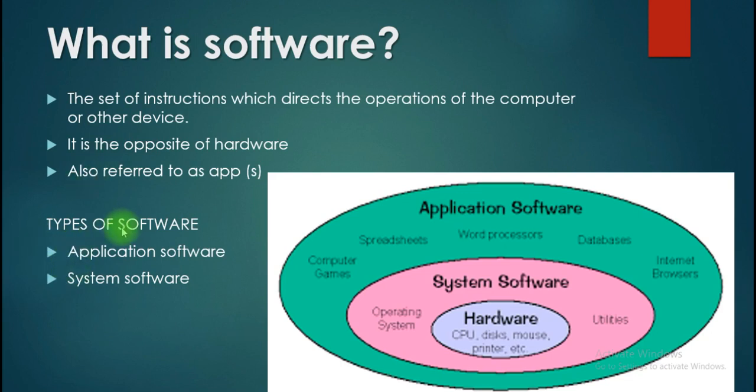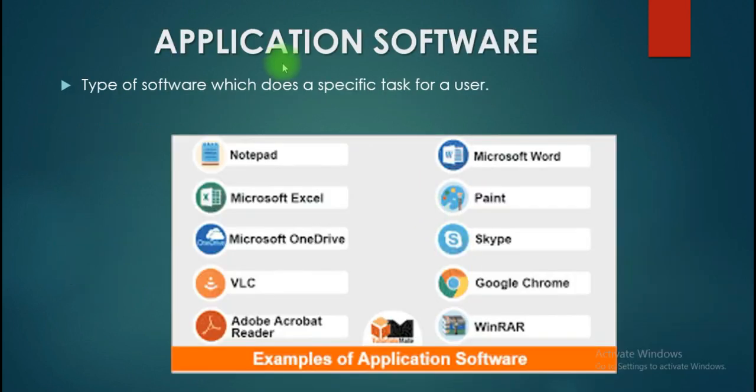There are two types of software which we're going to be looking at in a little bit more detail, and these are application software and system software. Where application software is concerned, I hope you're seeing where this is going already. I mentioned hardware and software, but in addition to that, I mentioned end user and device.